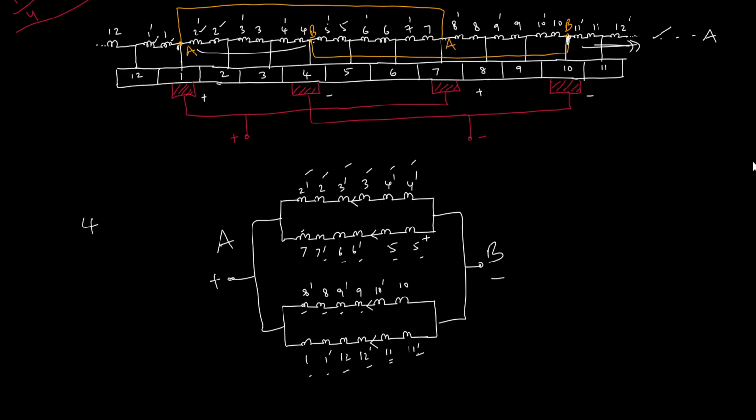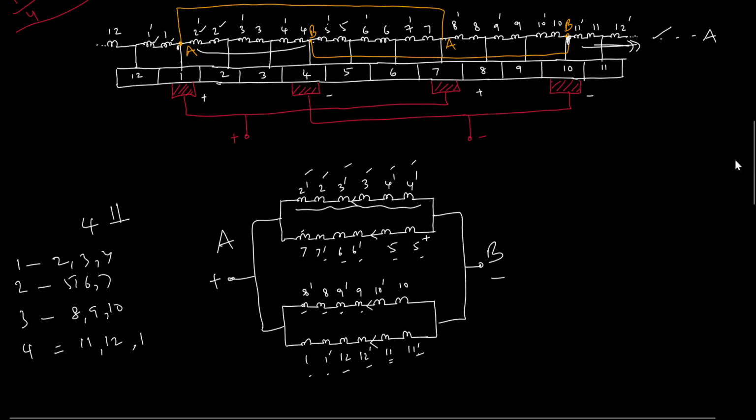So there are 4 parallel paths, and in each parallel path I have numbered all the coils. First parallel path 2, 3, 4, second parallel path 5, 6, 7, third parallel path 8, 9, 10, fourth parallel path 11, 12 and 1 are the coils connected in series. So we have identified the parallel paths and the coils present in each series path and their numbers.